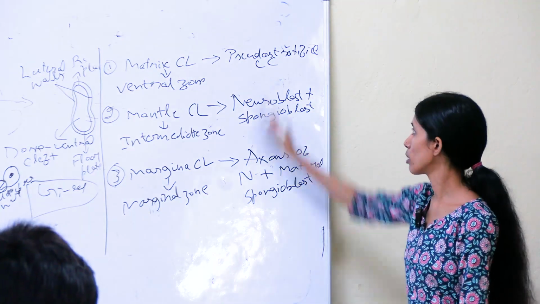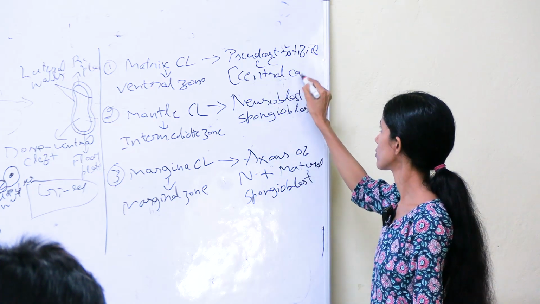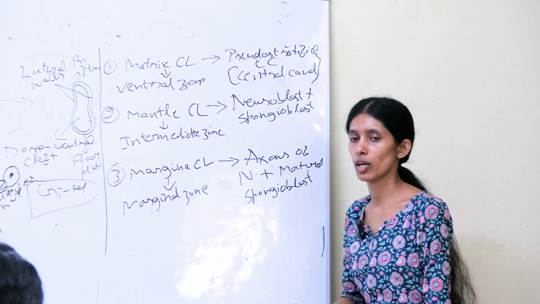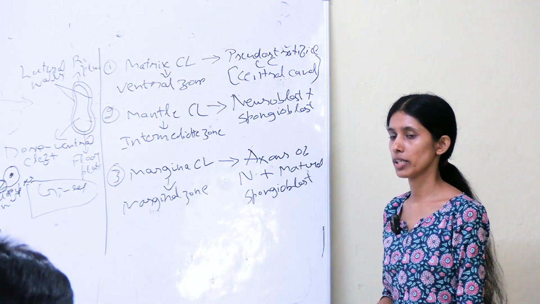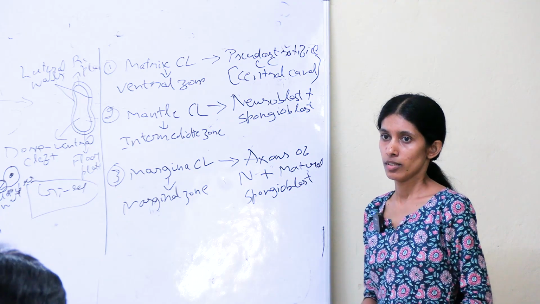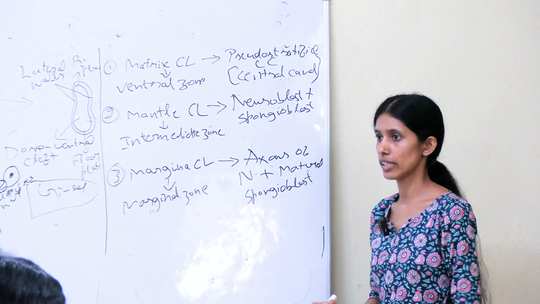Now imagine this is your central canal part. After the central canal, which area is present, grey matter or white matter? Grey matter.